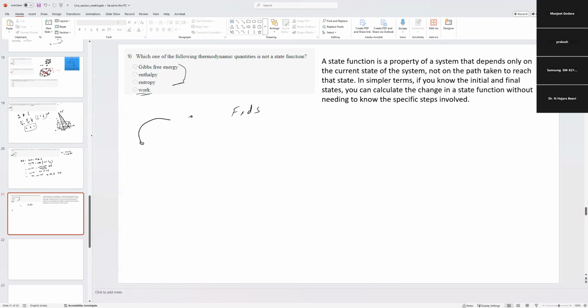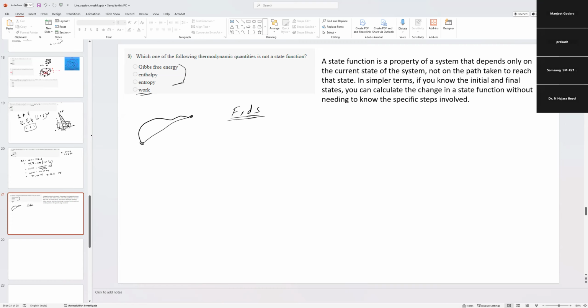If you take a long random path, the value of ds, you just integrate it all over the path, becomes longer, and if you take the direct route, it will be lesser.